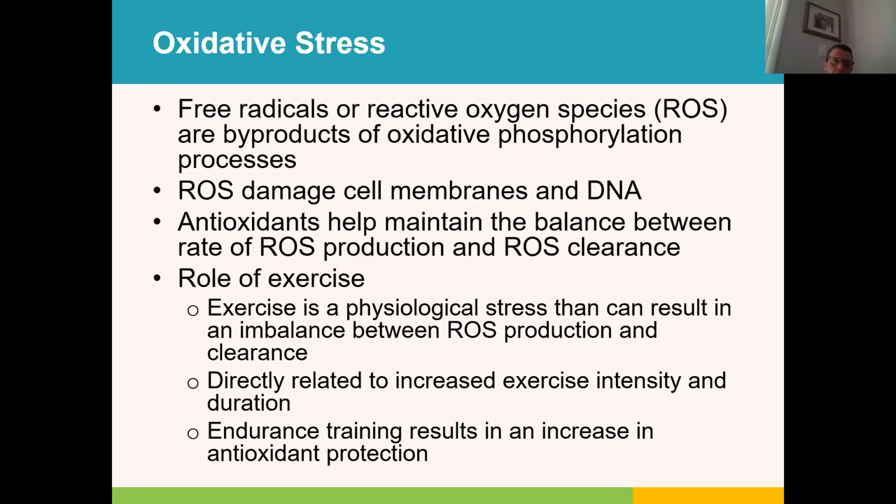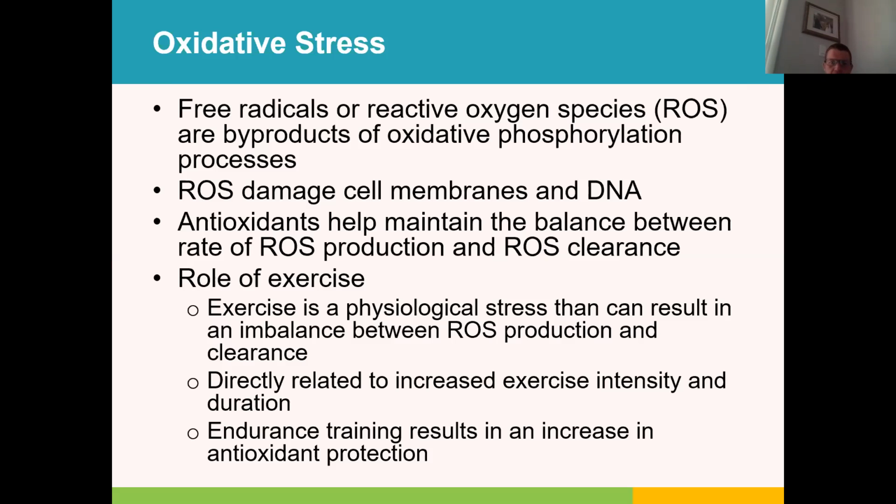Again, if you got everything in your body that you need, not a big deal. Your immune system takes care of it. Your antioxidants take care of it. But yes, ROS can damage cell membranes and DNA. Antioxidants will help maintain the balance between the rate of ROS production and ROS clearance.